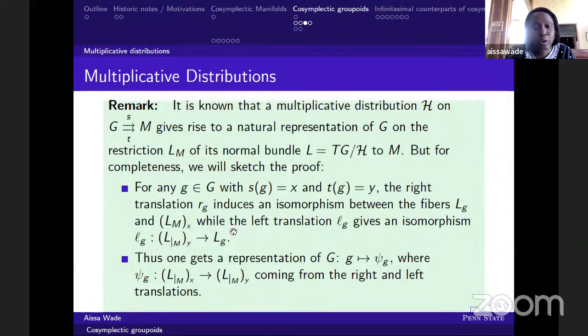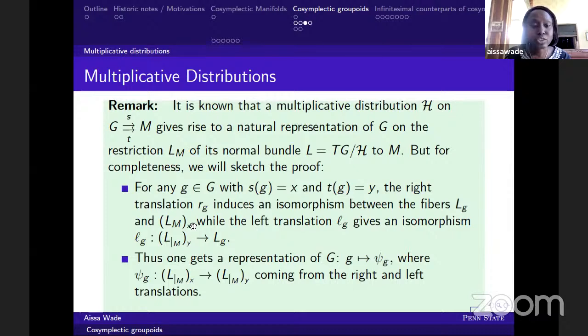In the same way, if I take the left translation, I have an isomorphism between L_g and the restriction of LM, the vector bundle over M, but we take the fiber at y.